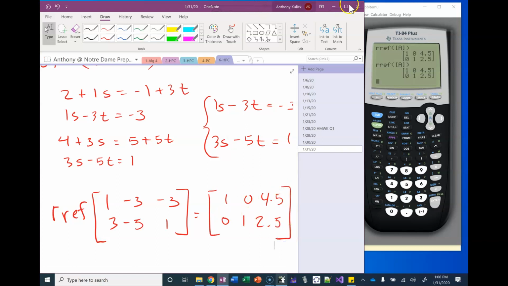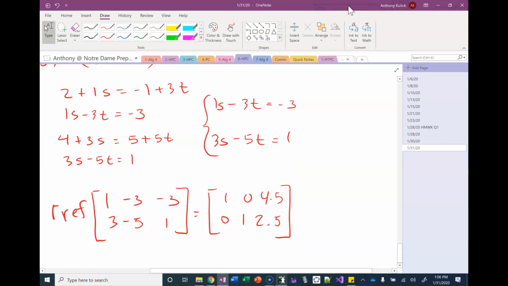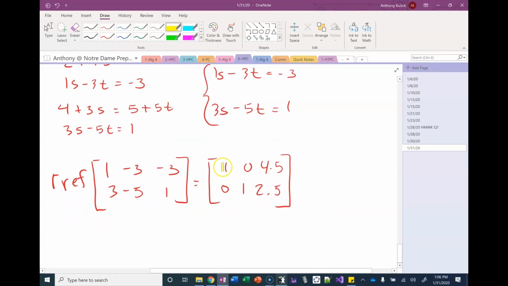Okay. And now this matrix gives me my result, my answer. So the way I interpret this matrix is I read it one row at a time. The first row says 1s plus 0t is equal to 4.5, or just that s is equal to 4.5.